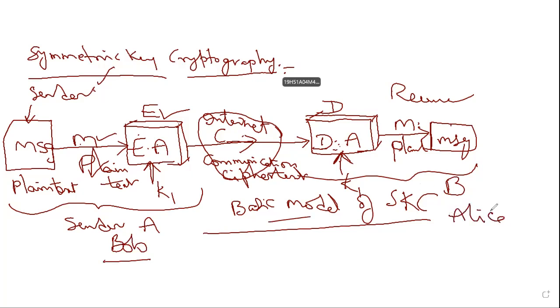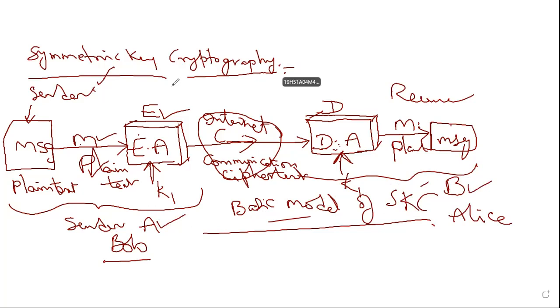You can write either Bob and Alice or Alice and Bob, whatever the names, or simply you can also write sender A, receiver B, right?